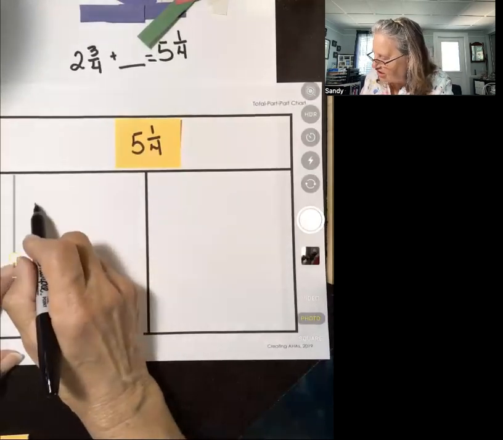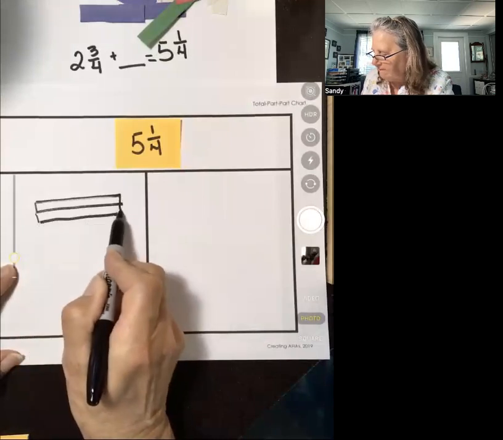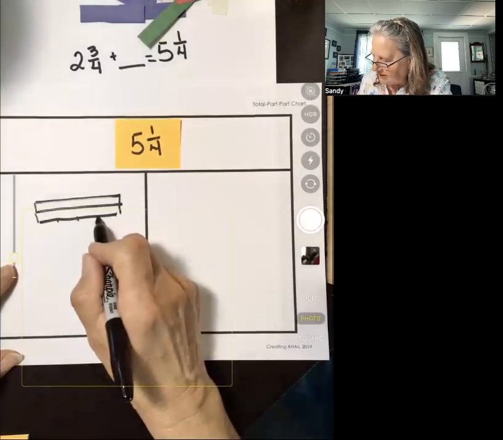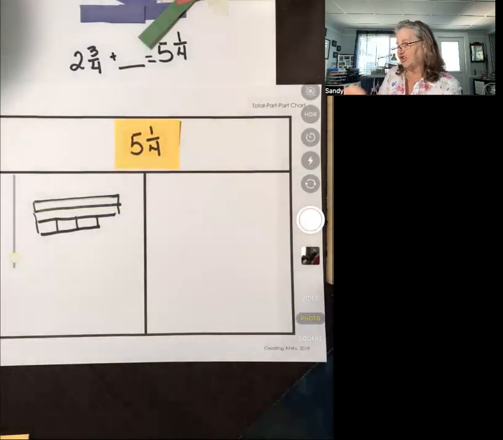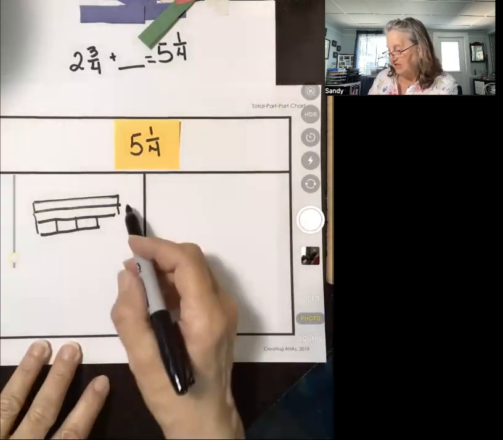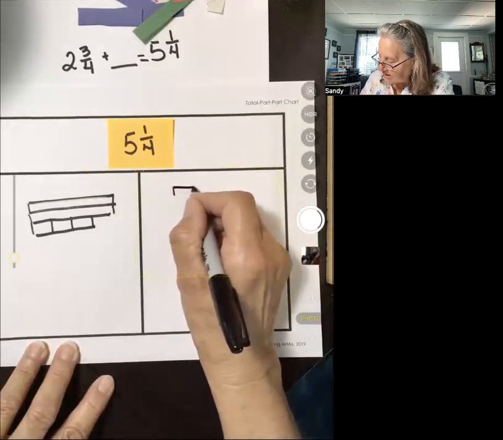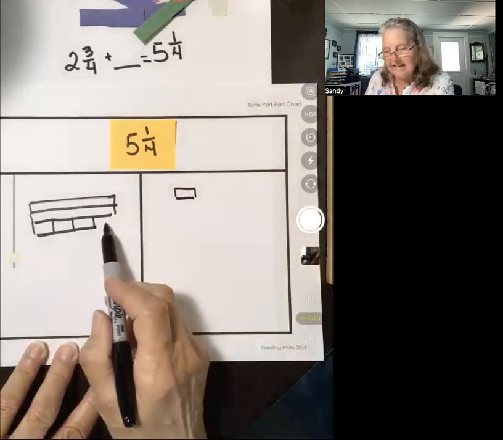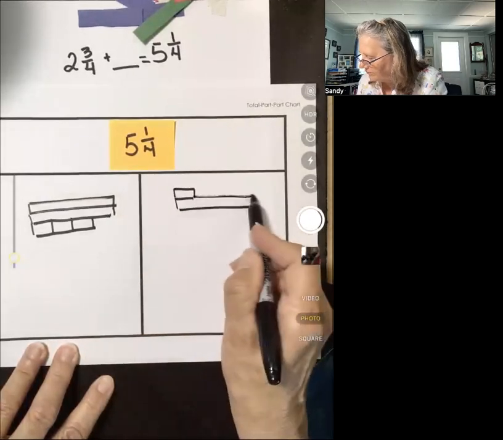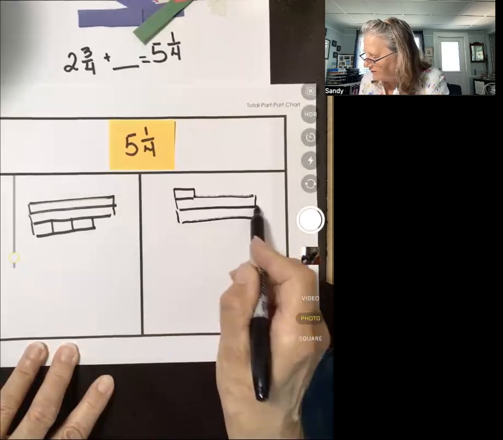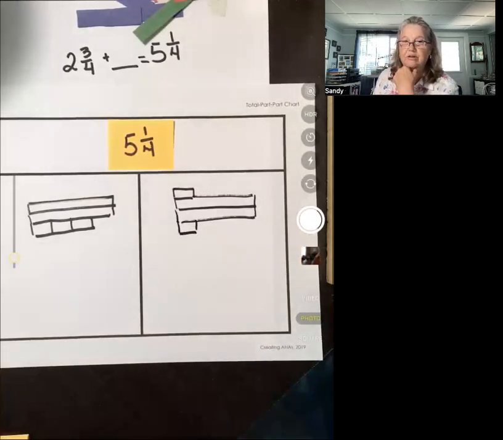Essentially what I can do is I start with the 2 and 3 1/4 pieces, and I'm going to count up, or I can do this where I'm actually coloring in different colors and counting up. But what do I need? I need a 1/4 piece. That's going to fill in that. That's 3 wholes. Then I'm going to need 4, 5, and another 1/4 piece. 5 1/4.